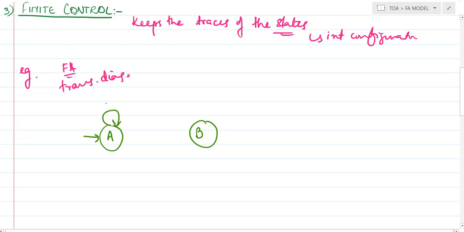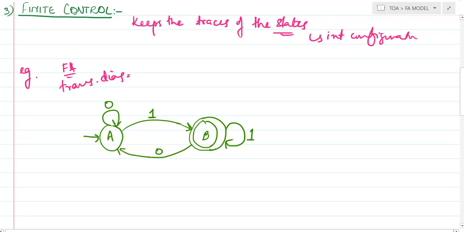Say at A we have 0. Let's keep B as our final state and draw the transition from A to B. Let's draw 1 over here and 0 over here. I'm just randomly drawing this transition diagram so that I can make you understand how it works.